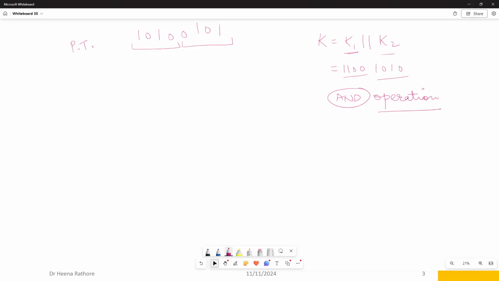Please write down in the chat whatever output you get after doing these two rounds of operations to get your final ciphertext.